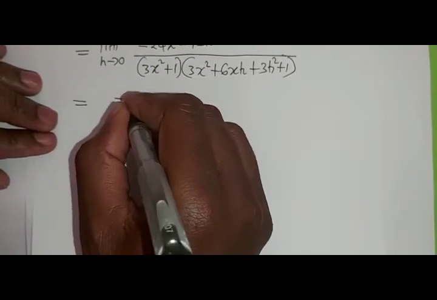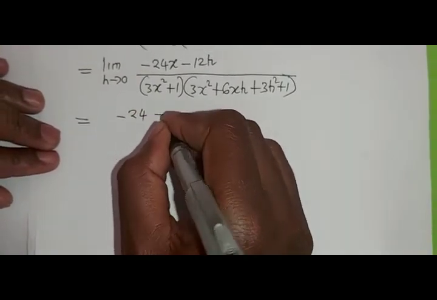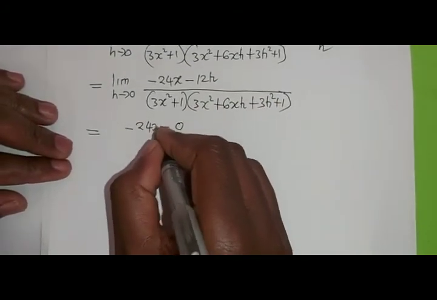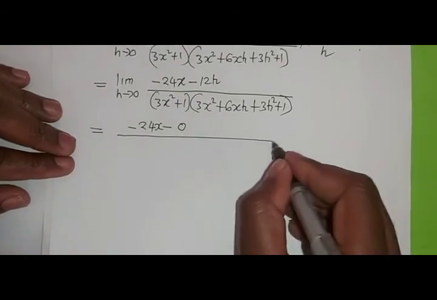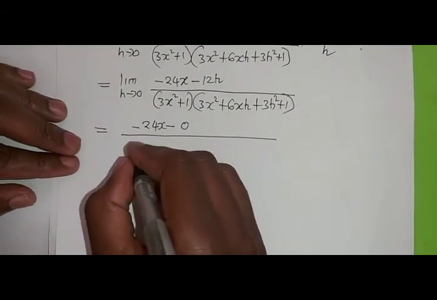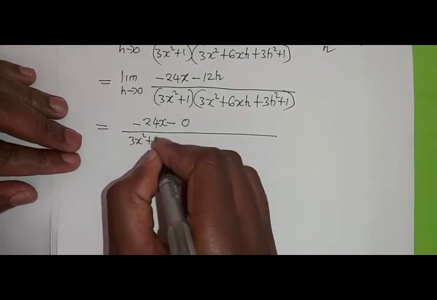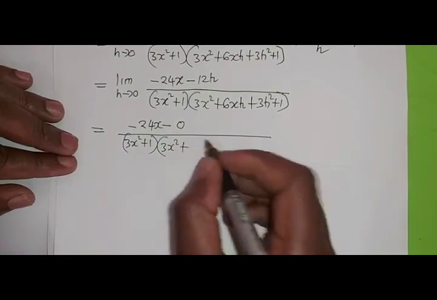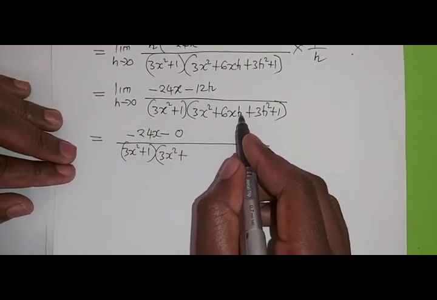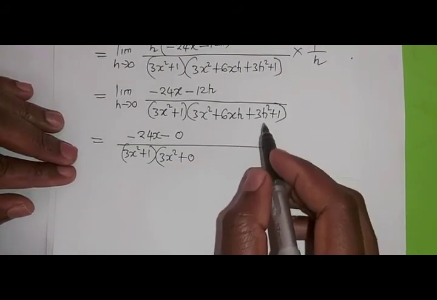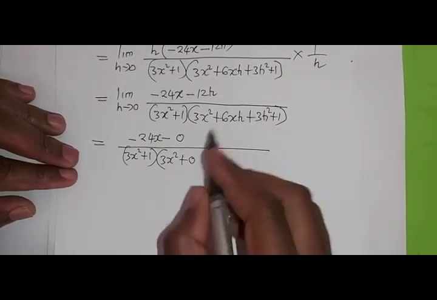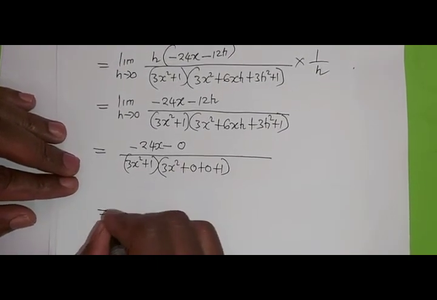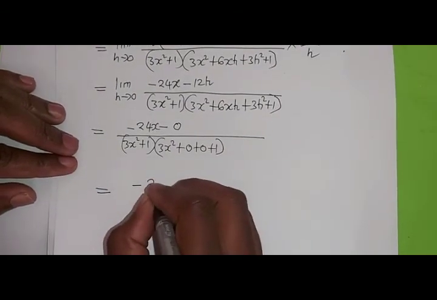It will be minus 24x minus 0 times 12, which becomes 0, so it's minus 24x, all over 3x squared plus 1 into 3x squared plus, because there's an h, we put a 0 there, everything becomes 0, then plus 1.